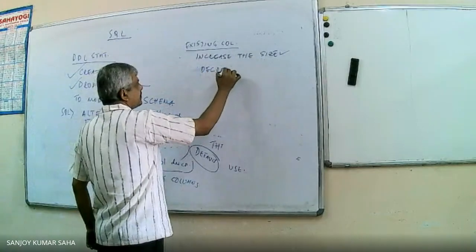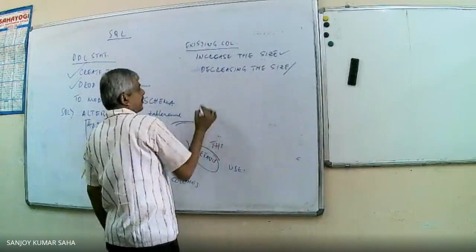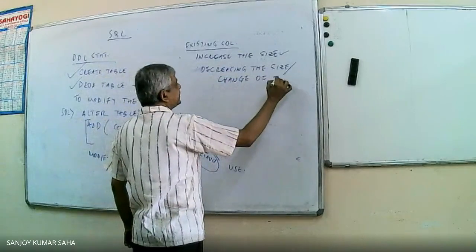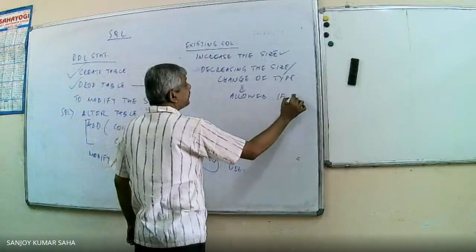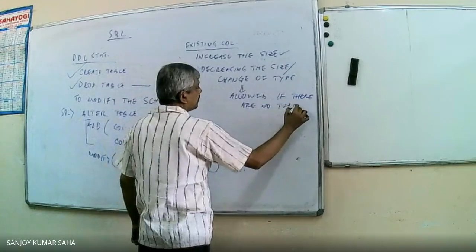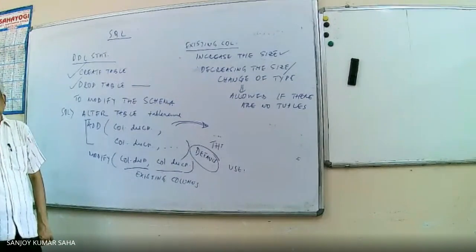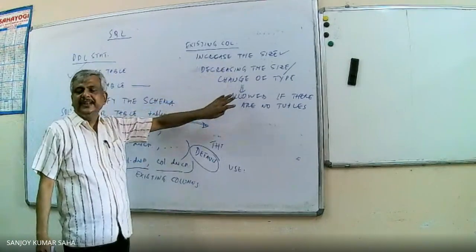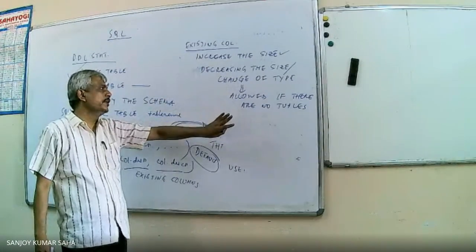Decreasing the size, or change of data type, will be allowed only if there are no tuples, because reducing the size or changing the type may lead to the loss of data.